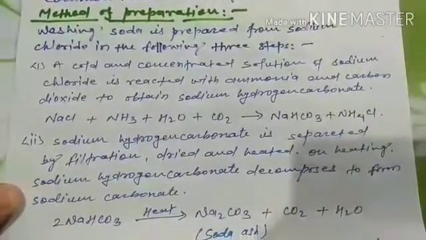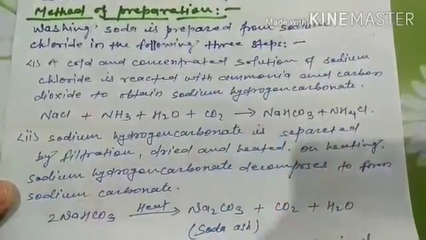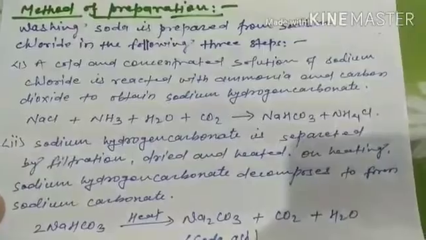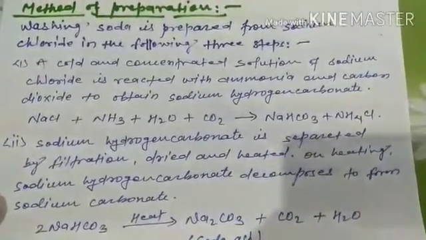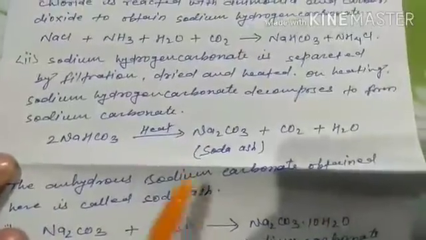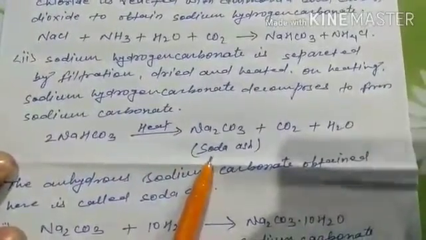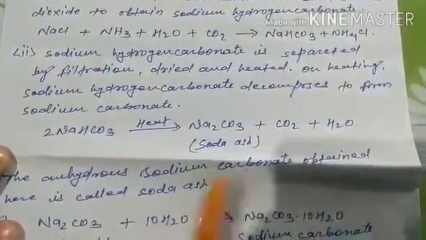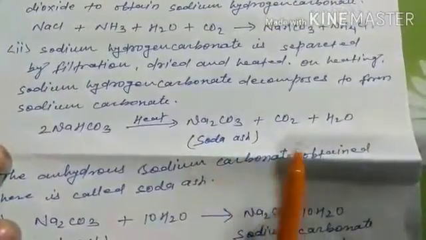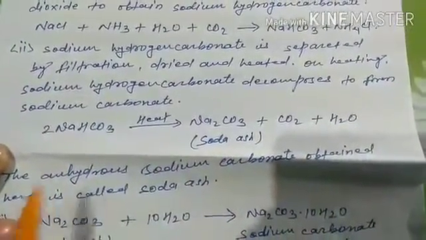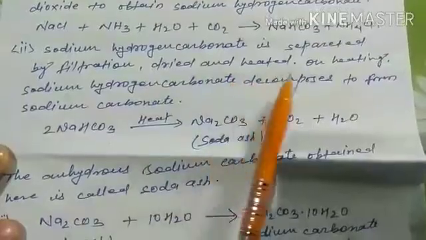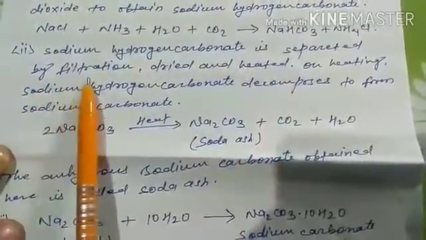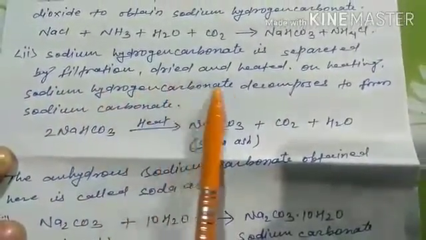And then when sodium hydrogen carbonate gets heated, then sodium carbonate, which is also called soda ash, carbon dioxide and water are formed. So in second step, sodium hydrogen carbonate is separated by filtration, dried and heated.